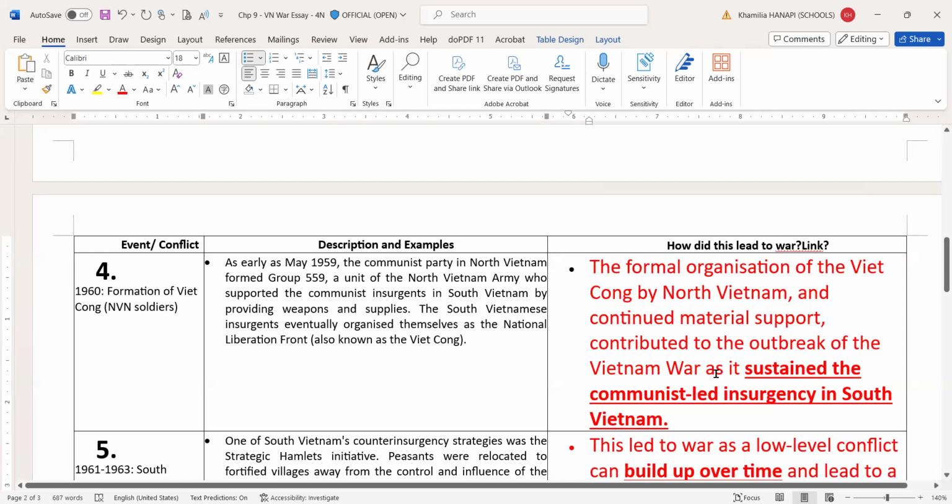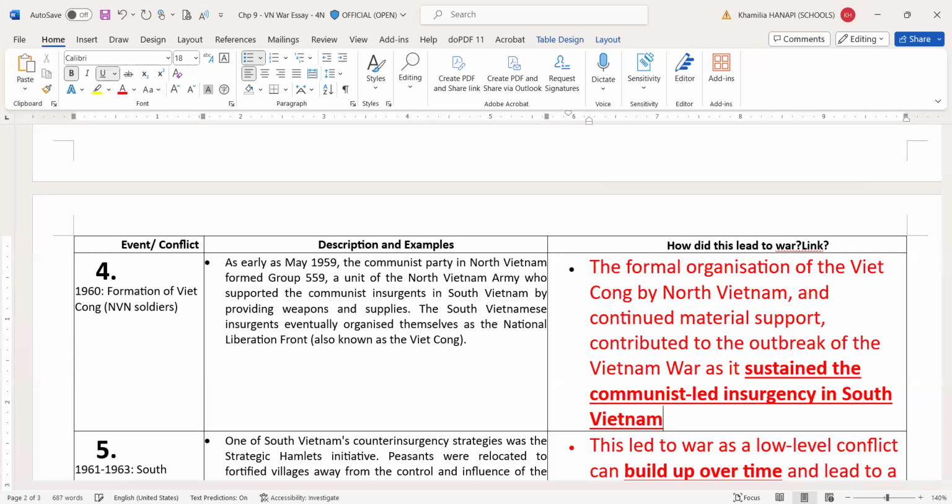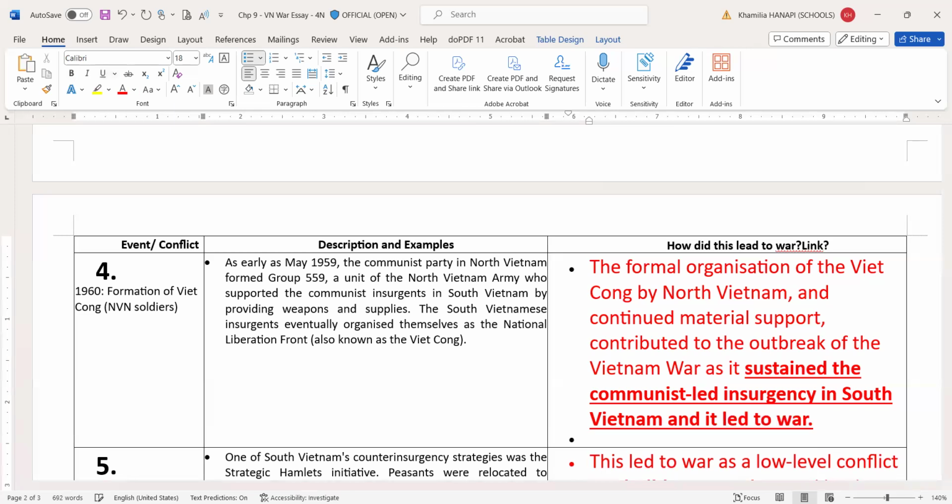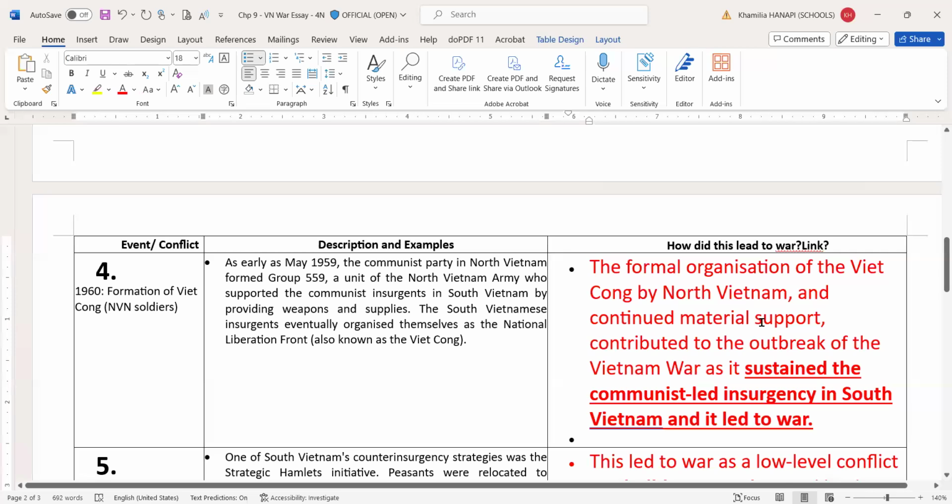It sustained the communist-led insurgency in South Vietnam. That means it continued fighting and it led to war. So this is the link. Again, like I said, pause this and then copy this in your deck of notes.